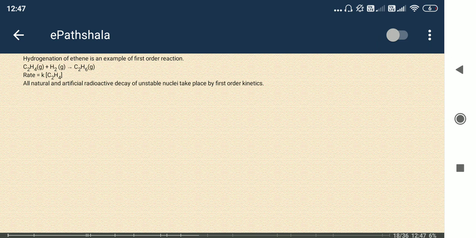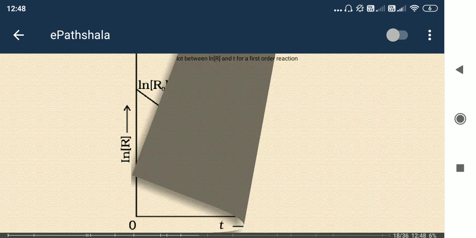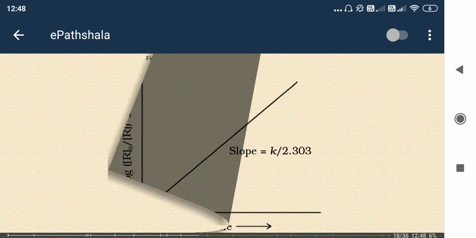In that case, r naught divided by r, the final concentration, is r naught by 2. So it is coming log 2. The value of log 2 is 0.3, most probably, I need to check. After multiplying with 2.303, it comes t half is equals to 0.693 by k.